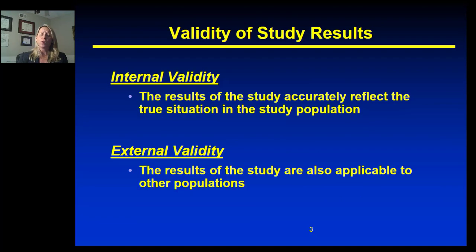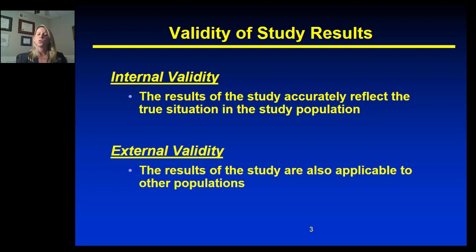In all of our studies, we're always interested in the validity of the results that we gather from those studies. And validity can be put into two categories, internal and external. Internal validity is essentially the idea that the results of the study accurately reflect the true situation in that particular study population.